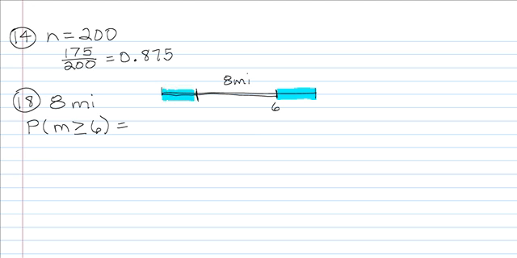So at least 6 would be that. So we're talking about 2 miles here and 2 miles there. So we have 4 miles over 8, which would be 1/2. That's a tricky question. Good thing we did that one.